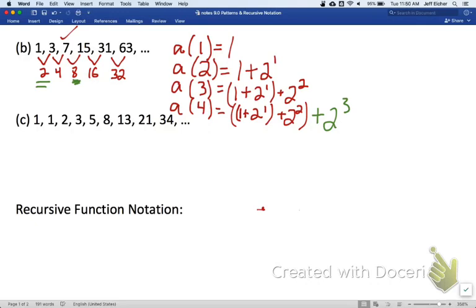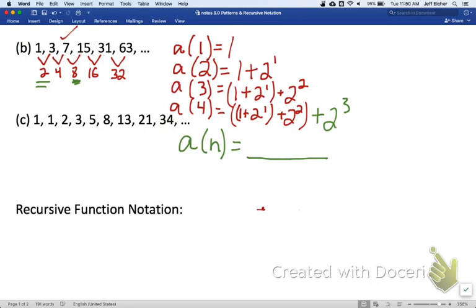So it looks like there's a pattern here. We're always adding a multiple of 2, and the amount that we add increases, this exponent increases. But the problem is we have to generalize this. We'd like some function that would work, that if I wrote a of n equals, one function to figure out the term before it plus the new factor.